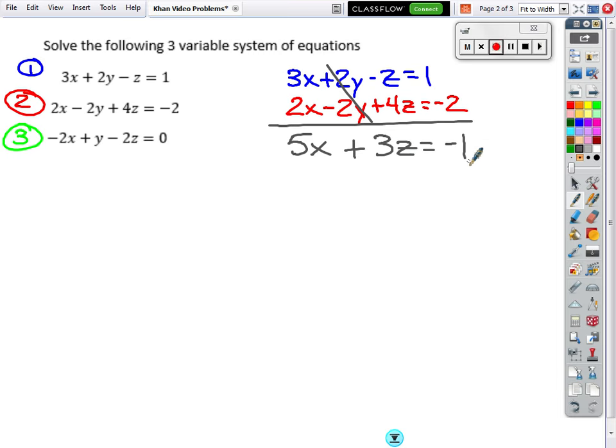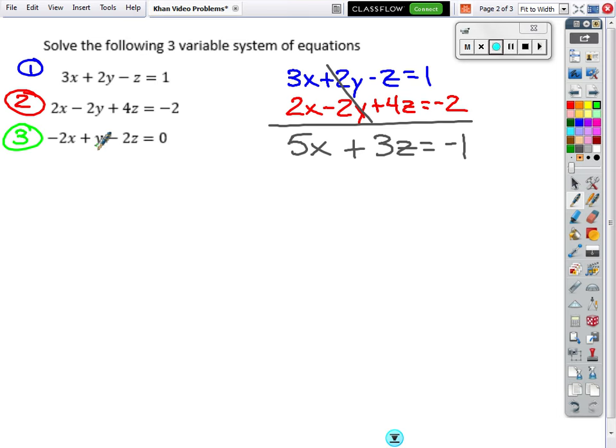So at this point that allowed me to eliminate y, but I still have two variables, x and z. So I need to continue here because we're still in two variables. We need to be able to find one solution and work backwards. So now I'm going to come back and looking at the equations I have, if I go back to equation 3, looking at 2 with the -2, 3 has a +1 for the y.